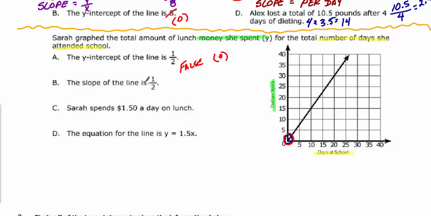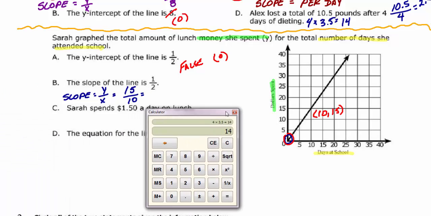The slope of the line is 1/2. Now let's see. We always want to look for a place where the lines cross. There's the point 10, 15. So in this case, the slope, which is always y divided by x, is 15 divided by 10.